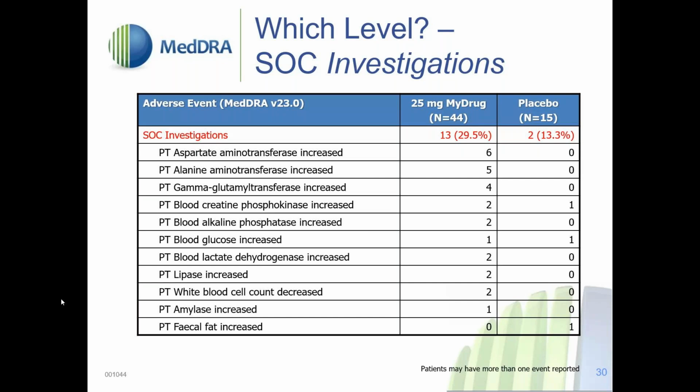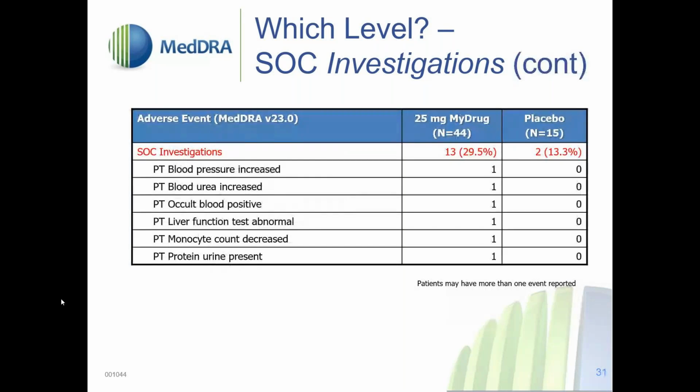Even I, as a doctor, need to do some thinking in my head: what does aspartate... ah, yes, that was AST. So looking at the data, we also see blood glucose increased, lipase increased, fecal fat increased, and then we have a second slide: monocyte count decreased, protein urine present.